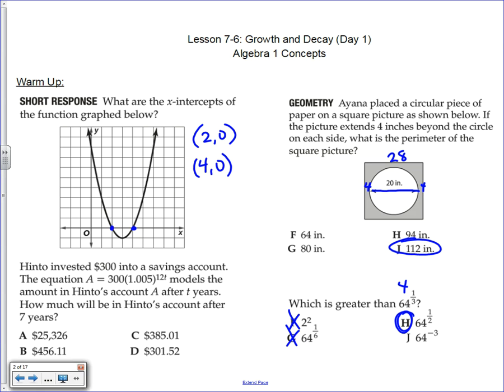It says Hinto invested $300 into a savings account, and the equation models the amount in his account, A, after T years. How much will be in his account after 7 years? Well, what do I have to do to figure out how much money he's going to have? What do you think?